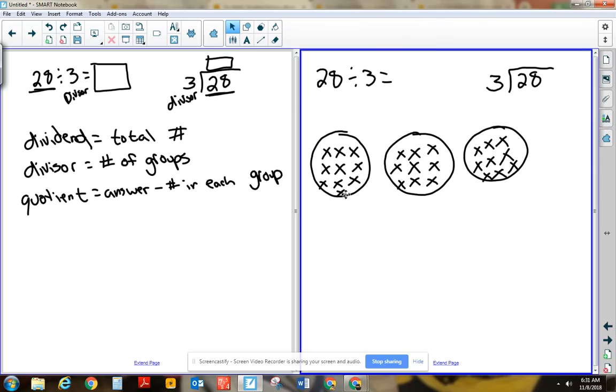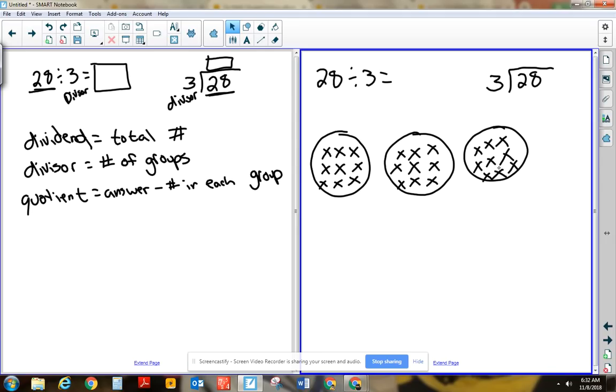Right there, this 28th one, I don't have any more. And so I can look here at my groups. I have 10 in this group, I have 9 in this group, and 9 in this group. I can't do that. Division has to be equal. So I'm going to take this last one off.